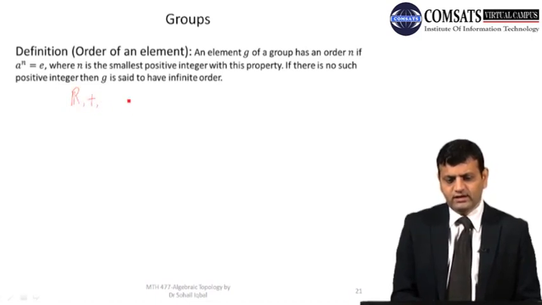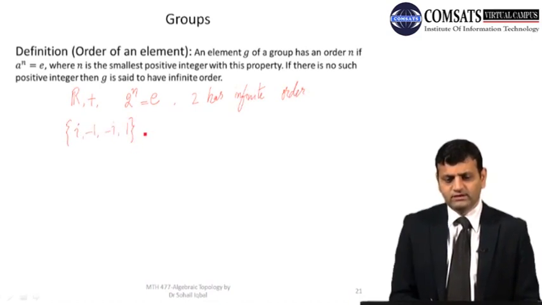If I take an element 2, does there exist any positive integer n such that 2 raised to power n is equal to the identity? Of course there is nothing like this. So basically this element 2 has infinite order.